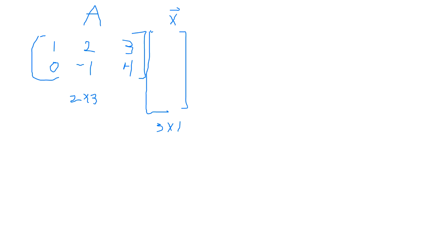Okay, so you could take a vector like 1, 0, minus 1. When you take a 2 by 3 matrix times a 3 by 1 vector, what's the dimensions going to be on your result? It's got to be a 2 by 1.